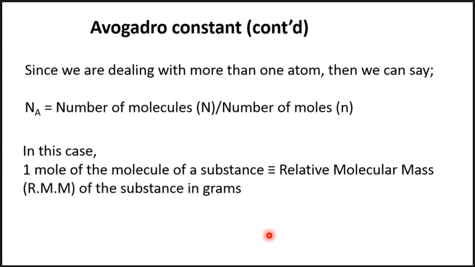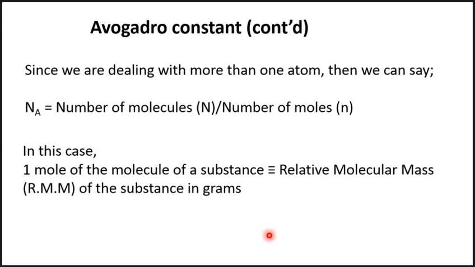This is completely different from the one I gave you initially. I said 1 mole of an atom is equivalent to relative atomic mass. That one is for an element, just an atom of an element in grams. But in this case, I'm having more than one atom, because more than one atom is making a molecule.